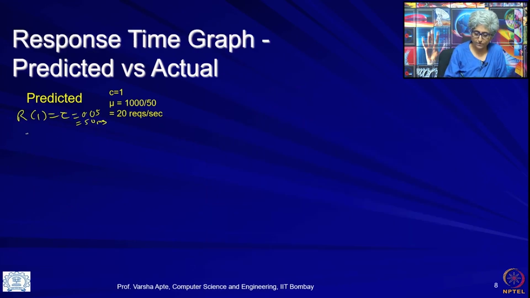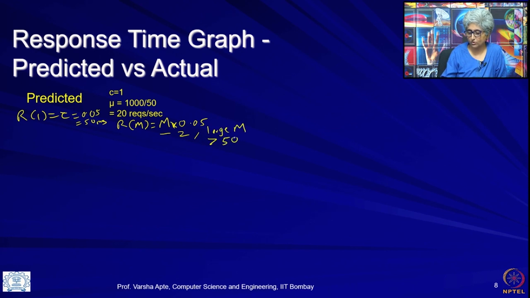That asymptote will be, so R of m will be m multiplied by 0.05 minus 2 for large m, and especially for m greater than, let us say, 50 or so. We know what is large for this system, right. Anything after saturation is large.